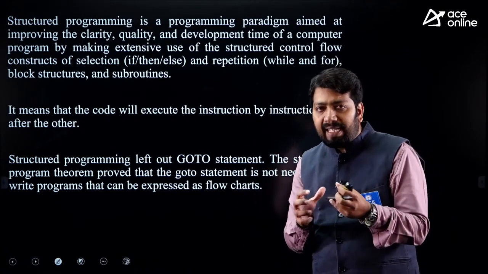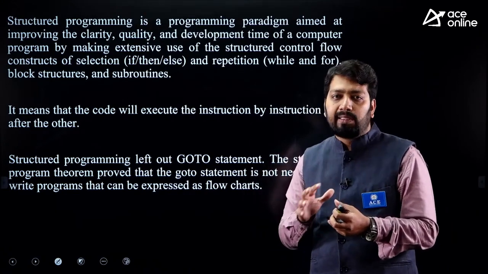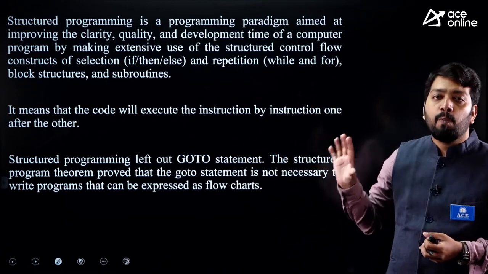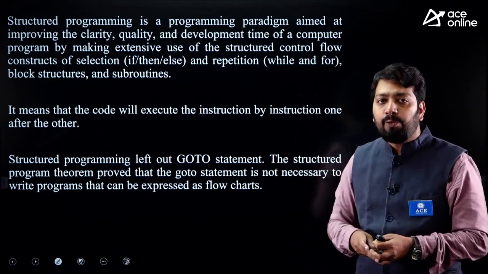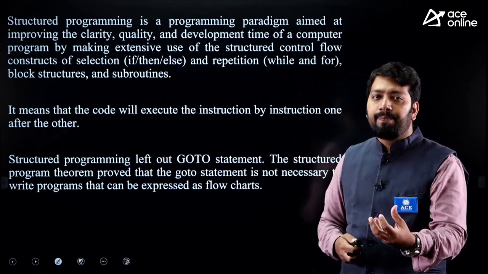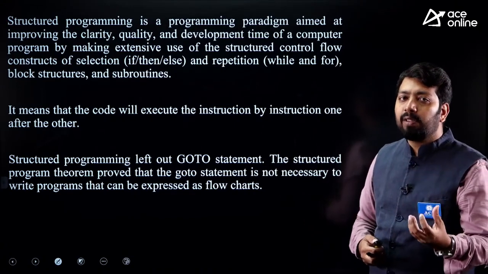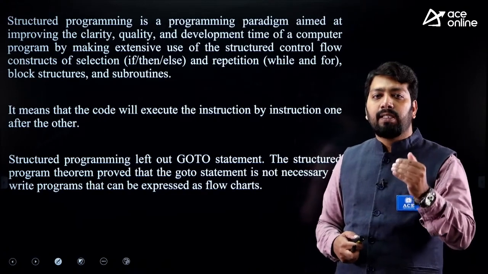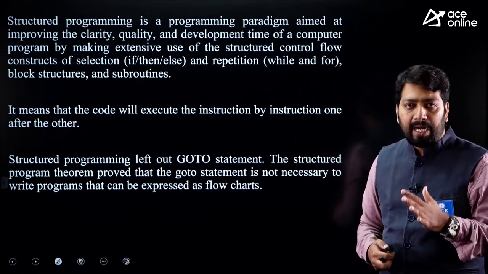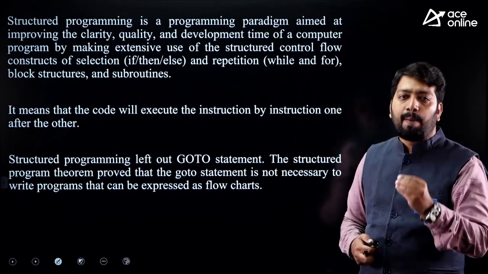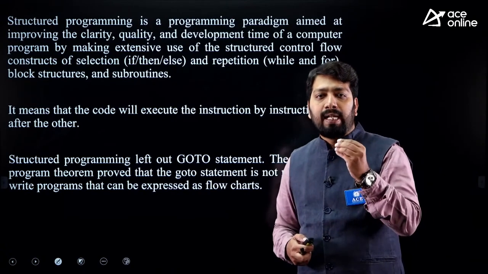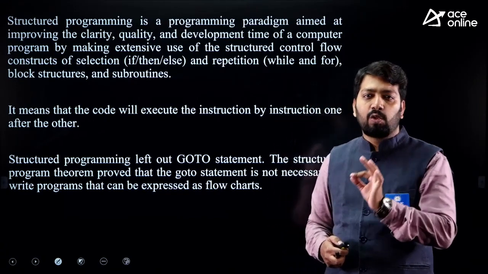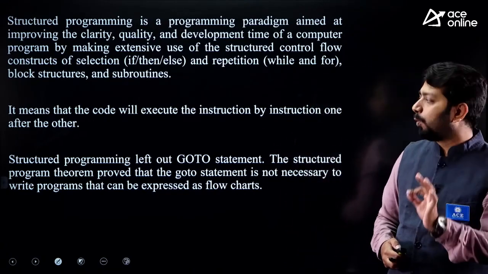So it is not a very controlled way to execute the program. That's why goto is not part of most programming languages. But C was being built at that time and many scientists opposed it, saying goto should be part of the programming language. So C language has the goto statement, but most structured programming languages do not have goto. So the answer is goto.